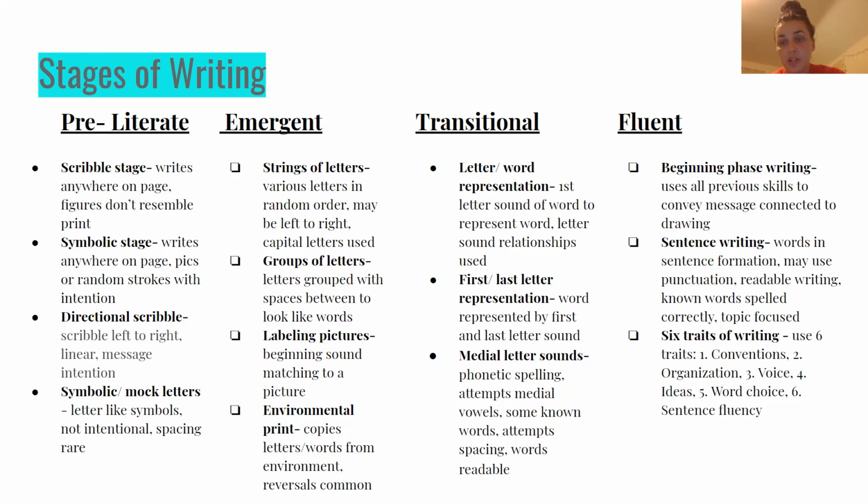They might use punctuation, but the writing is readable, known words are spelled correctly, and it is topic focused. And then the last stage of writing is 6 traits of writing. This is when the students use the 6 traits. And the 6 traits are conventions, organization, voice, ideas, word choice, and sentence fluency.